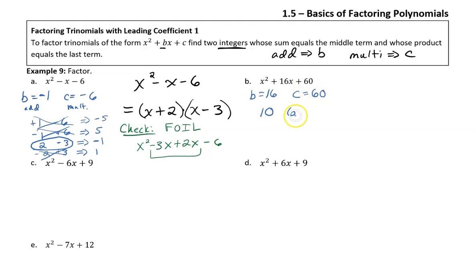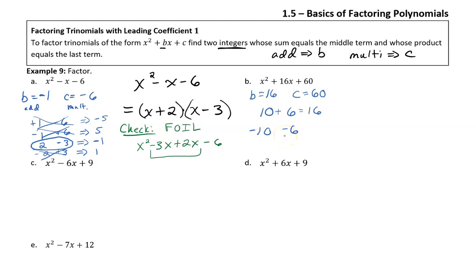Nice and positive, both will be positive, but maybe they're both negative, right? A negative times a negative will also give me a positive. That could be a possibility. Let's check these two to see if it adds to the right value. I want to add to be a positive 16. So 10 plus 6, when I add them up together, does give me that positive 16.